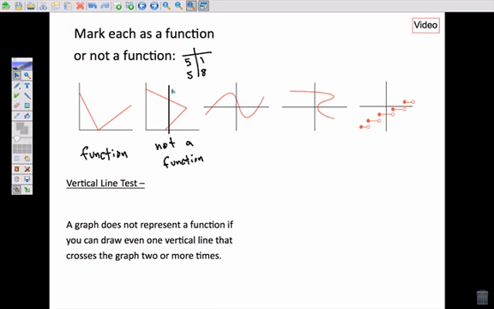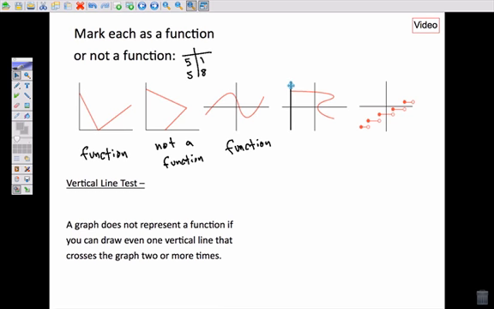The vertical line test, if you try it on this next one, kind of looks like it gets close in the middle here, but it still only ever connects at one point. So this passes the vertical line test, so this is a function.